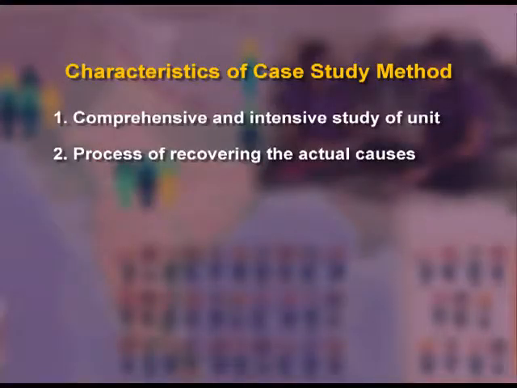Second, process of recovering the actual causes. The investigator not only holds the study and finds out the incidents, but also deeply studies and gets into the actual causes which force or abet him to commit such incidents.